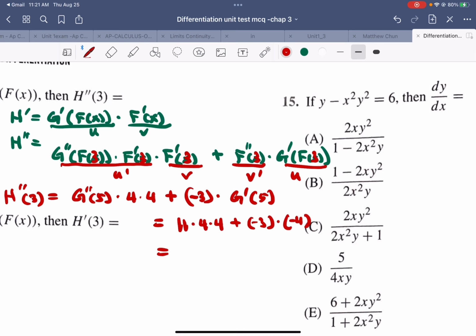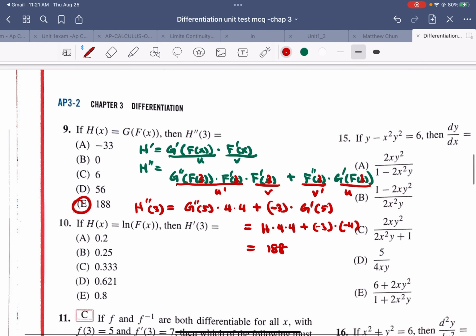Okay, so now you just need to use a calculator. 11 times 4 times 4 plus negative times negative will be positive 12. So you get 188 as your final answer, which is E. Okay, so that's the second derivative.